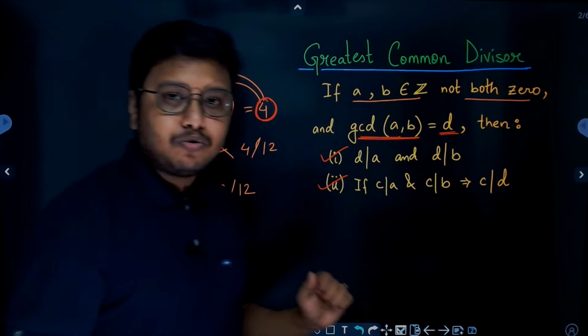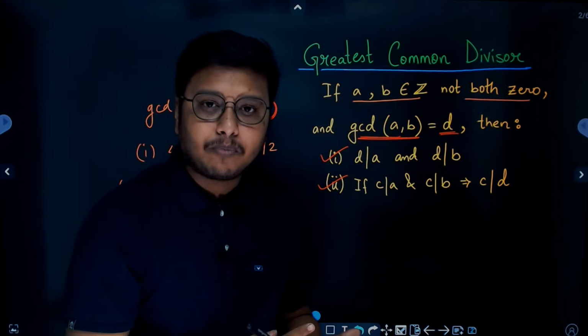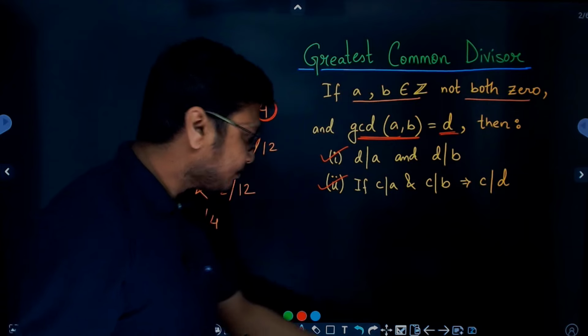So now moving on to some properties of GCD. These properties will be very crucial for solving problems as well as proving other theorems.